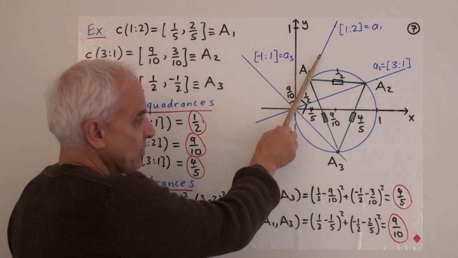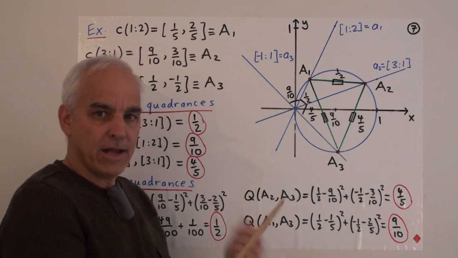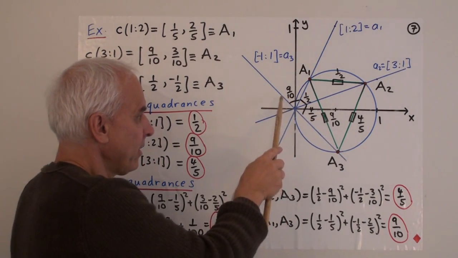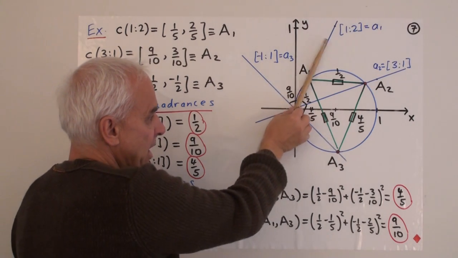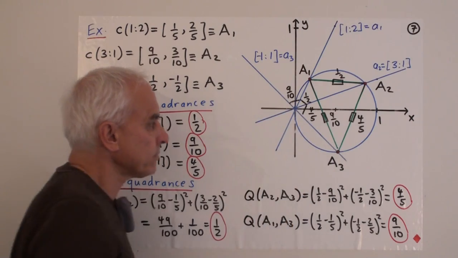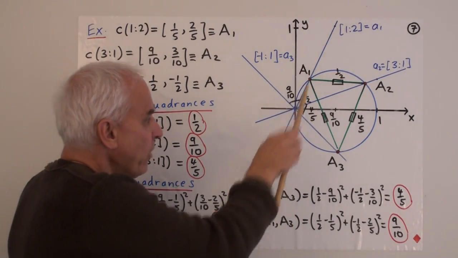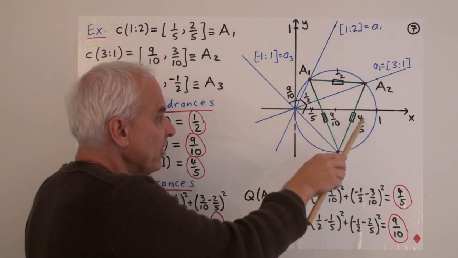And our notation is that if there's not enough room, we can put the little line anywhere between the 2 lines. So between this line and this line, we could put it there, or we could put it there, or there. That 9/10 equals that 9/10, that 1/2 equals that 1/2, that 4/5 equals that 4/5.